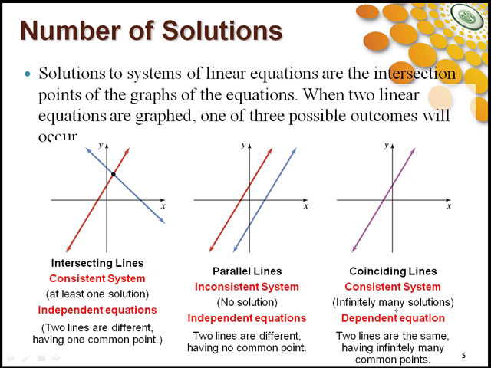Because the two lines lie on top of each other, we have infinitely many common points. Because they are the same, we call them dependent equations. So these are the three possible outcomes when we graph the lines.